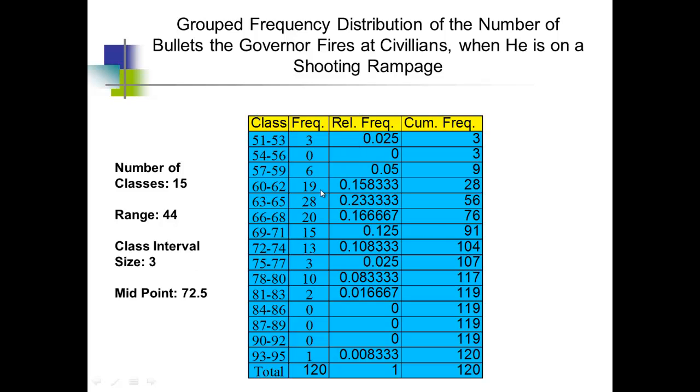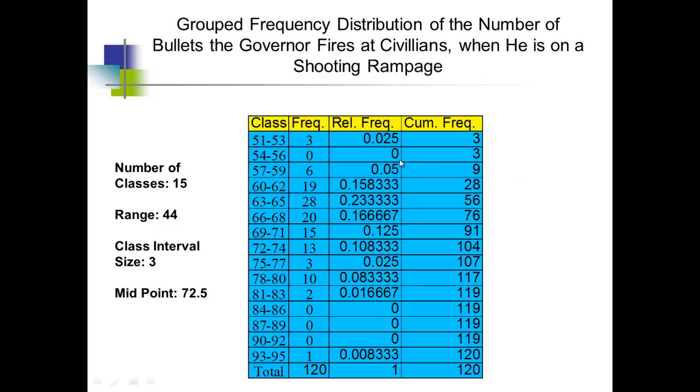So if you were so inclined, you could go back to the table and confirm that. The easy way to confirm is that there are 0 instances where 54, 55, or 56 bullets were fired, as well as 0 instances where 84, 85, and 86 bullets were fired, etc. You get my point. Okay?